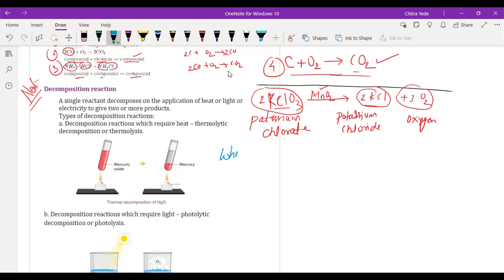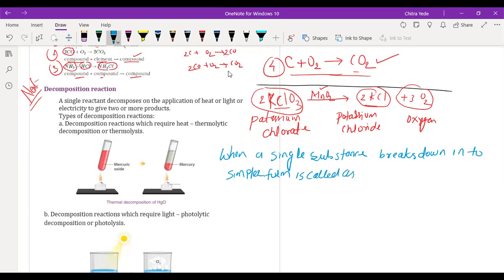A single substance breaks down into simpler form, or we can also write, breaks down into two or more simpler forms, is called decomposition reaction.